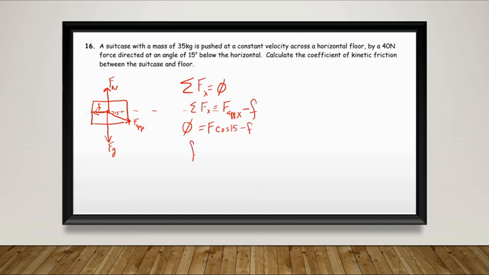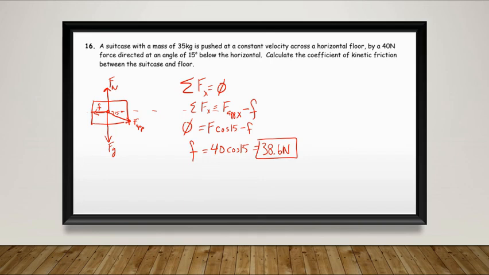So friction is equal to our force applied, which is 40 newtons, times cosine 15. That tells me it's 38.6 newtons. That's our frictional force.